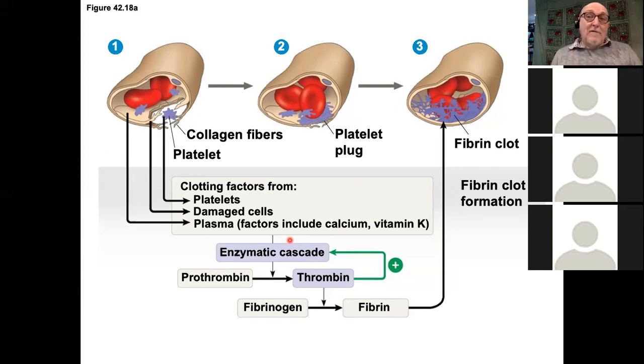And this is one of the examples in our body of positive feedback, because as soon as you start to form this clot, you just have to form a small clot, and you will start to trap blood corpuscles and blood platelets in it. That stimulates the release of more of these enzymes, and it becomes a feed forward.